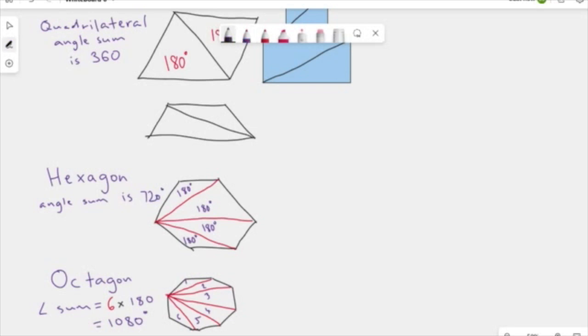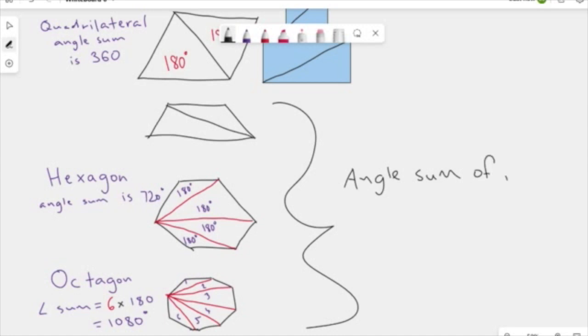polygon, and I'm gonna consolidate this all here. So we have the angle sum of a polygon is, so I'm gonna write this general form and one that you probably would have concluded as well.